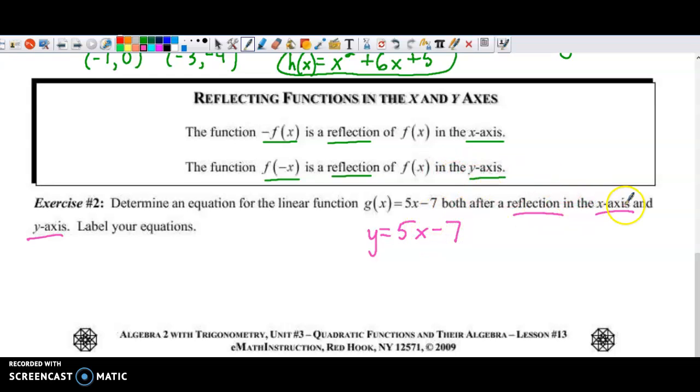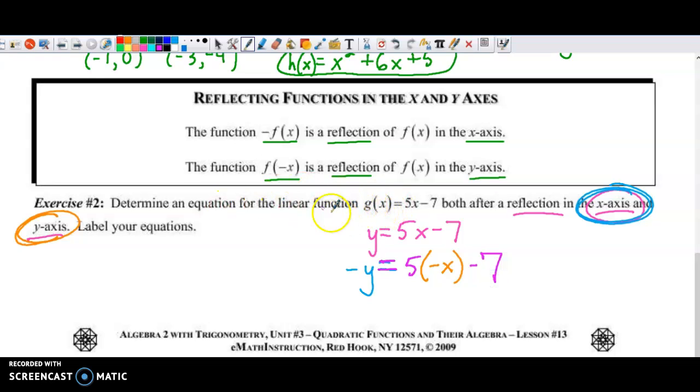Well, if you want an x-axis reflection, you have to negate y. Maybe I'll circle that in blue. Go back to my pink color and just rewrite everything. And if you want a y-axis reflection, you negate x. And again, I'm going to go back and write the other stuff in there.